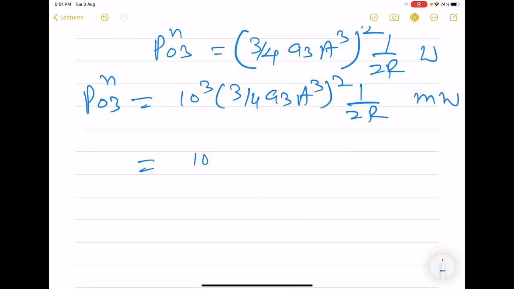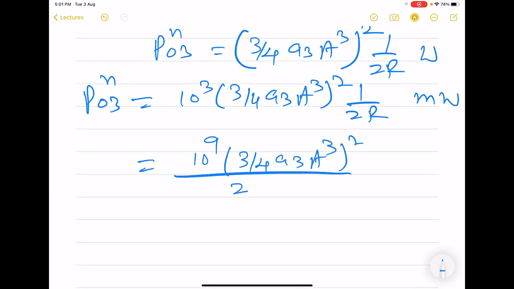So we multiply and divide by 10 raised power 6. So this becomes 9. And we have to convert this also into cube. So we multiply and divide by 2r squared. So this is now milliwatt.